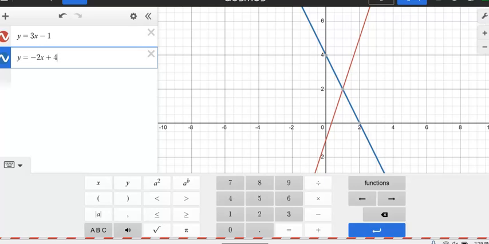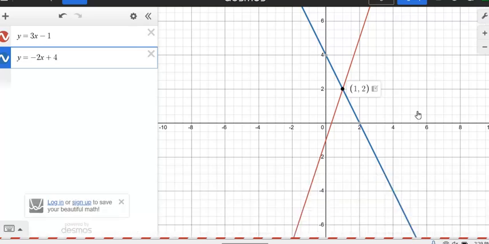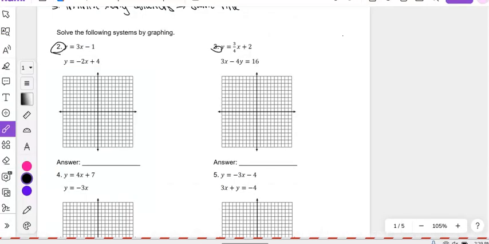The first thing I'm going to see is where the solution is, and that's where they intersect, and that is 1, 2. So my answer is 1, 2, but you have to sketch the graph.